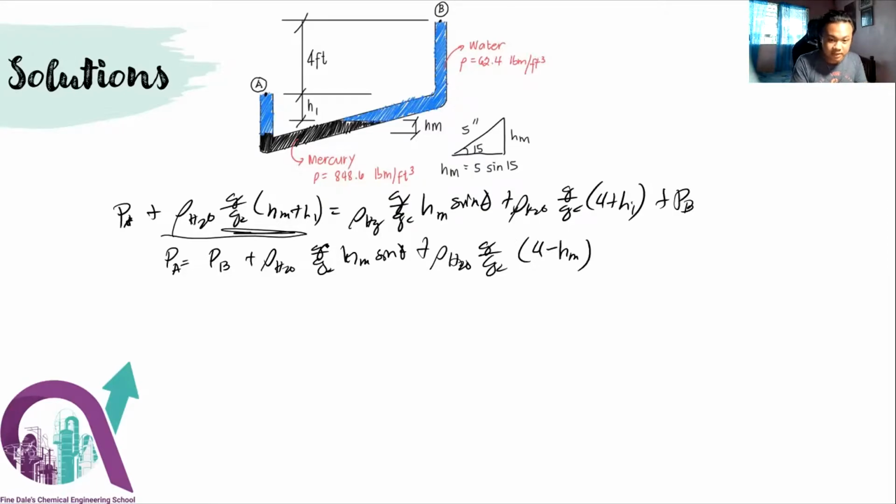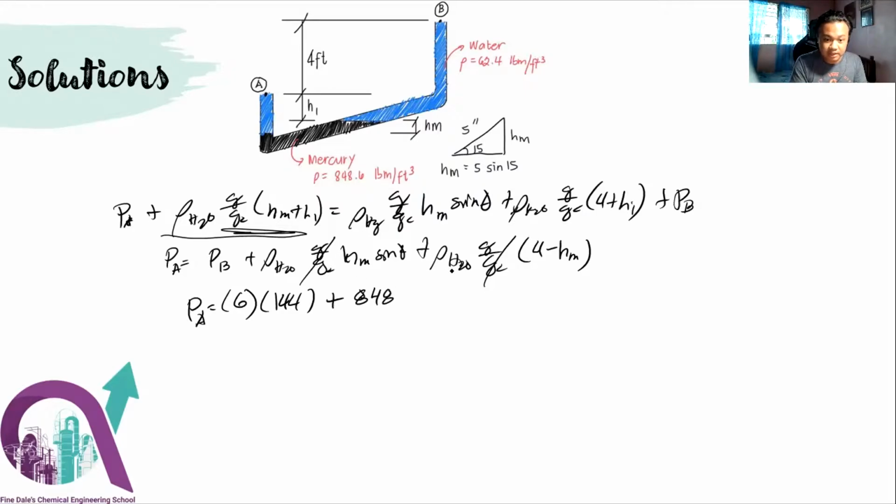So G over GC can actually be cancelled because it's just 32.2 over 32.2, which is 1, diba? So we have PA. Then PB, we have 6 PSI, and then to convert that to PSF, pounds per square foot, just multiply that by 144.